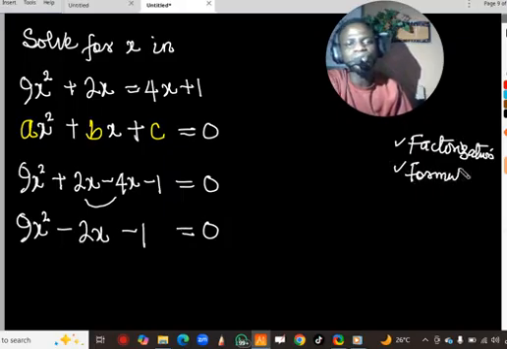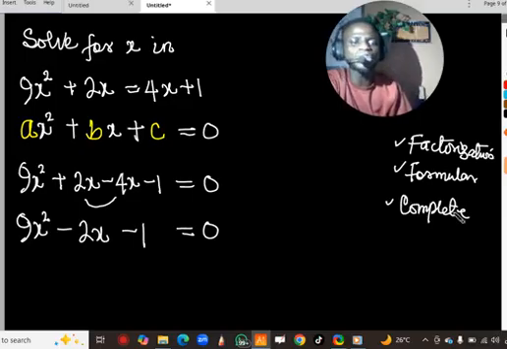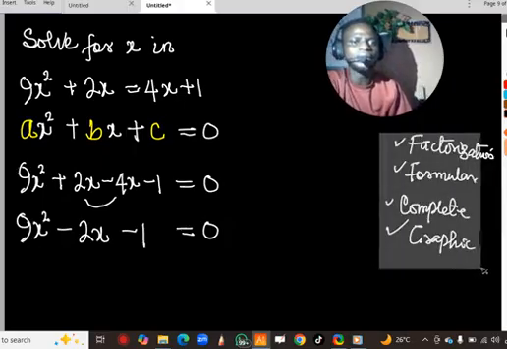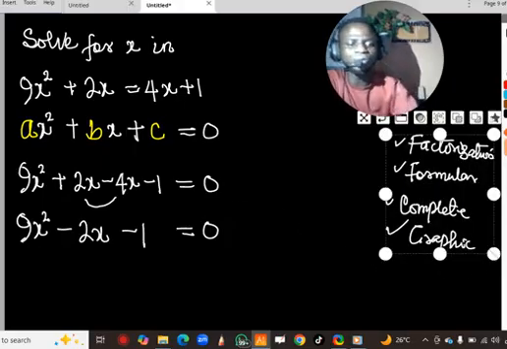We can as well make use of completing the square, which actually gave birth to the formula method. Then lastly, we can also use the graphical method. So for this question, let's try the factor method first.